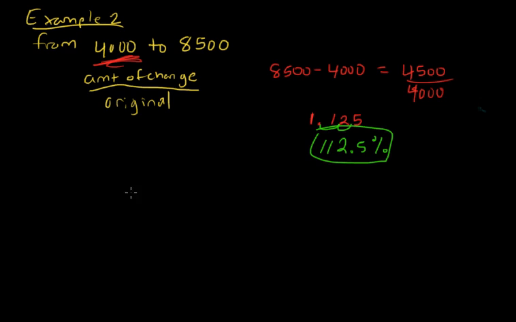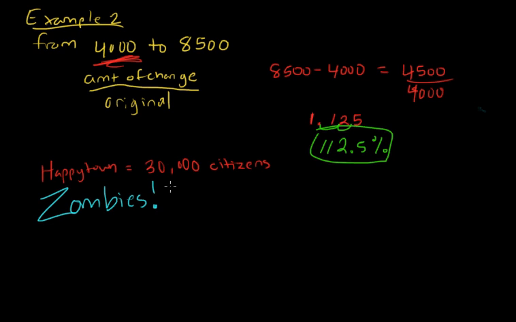Let's do another example. Let's say there's a town, and it's Happy Town. Happy Town has a population of 30,000 people. So Happy Town is 30,000 citizens. When all of a sudden one day, zombies.